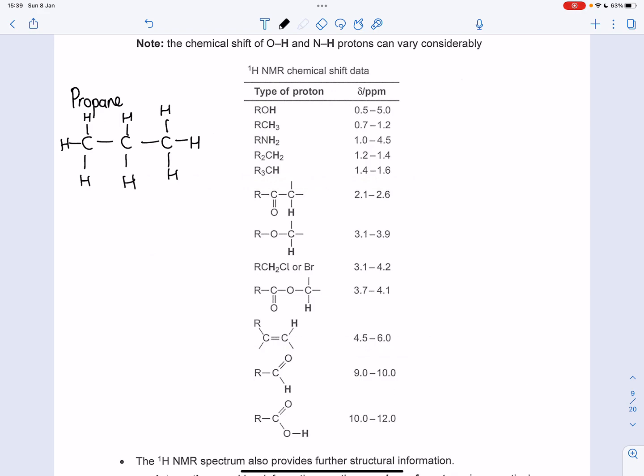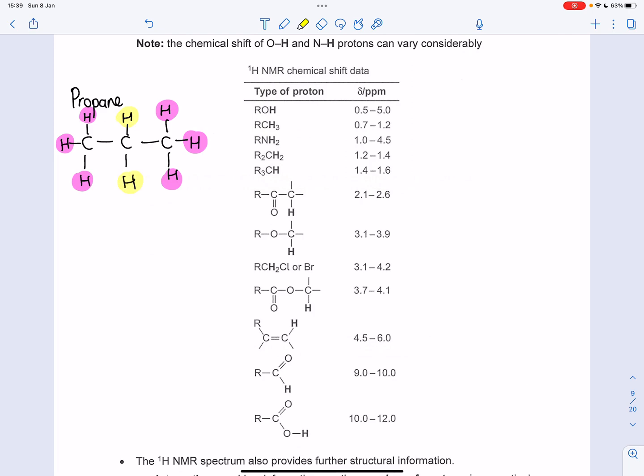Now, propane is symmetrical about the midpoint, and so the hydrogens here, they're all the same as each other. If you imagine making a molymod model of that, you could spin that carbon round and those 3 hydrogens would all be identical, but they're also the same as the 3 at the other side because the molecule's symmetrical. And then the 2 in the middle are different.